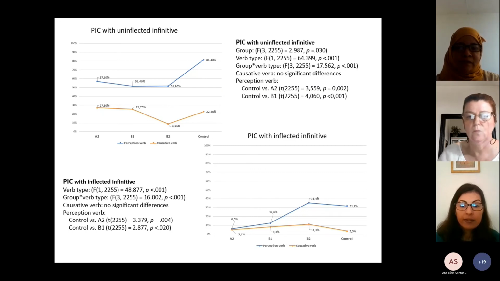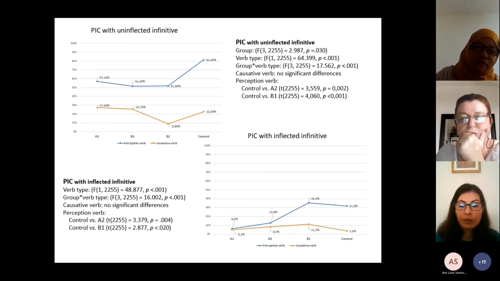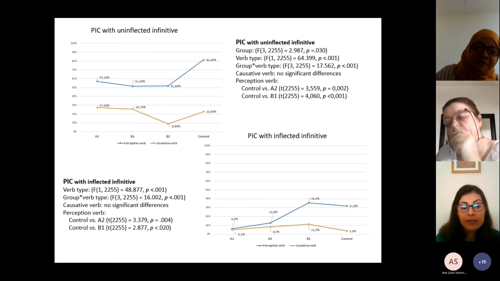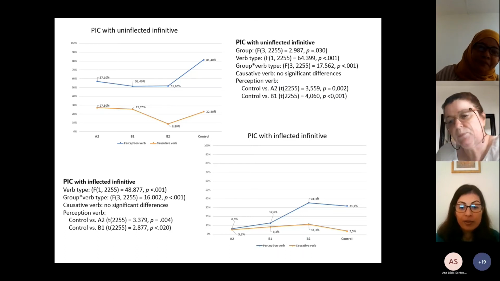Still, the selection rates of the control group and the B2 group are higher than with the A2 and the B1 groups. And in fact, we found significant differences in the condition with perception verb between the control group and the A2 and B1 groups.